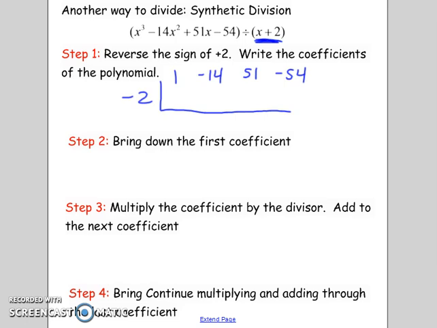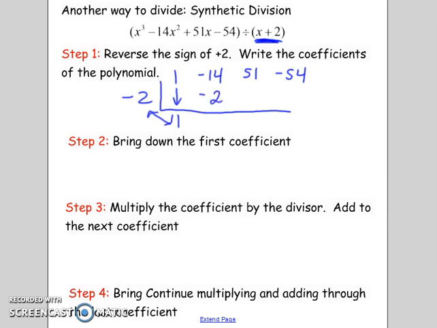Step 2 is to bring down the first coefficient. Whether it's a 1 or any other number, that number comes down. Step 3 says to multiply the coefficient by the divisor. So we multiply these two together: 1 times negative 2 is a negative 2.